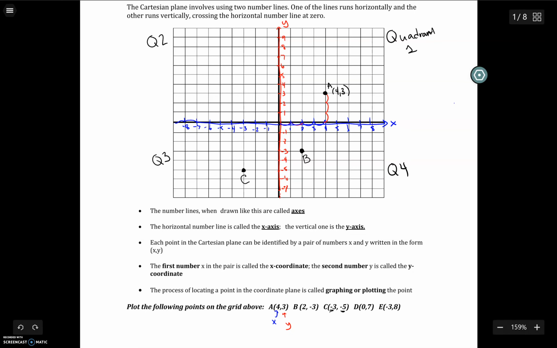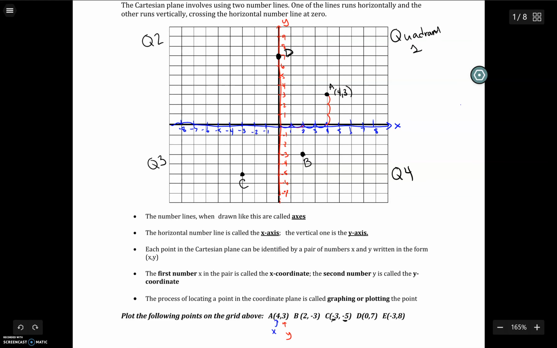So our 0 is located between positive 1 and negative 1. It is on the y-axis for an x value of 0, and then a y value of 7 would place it as shown. And then our last point, E equals (-3, 8). An x value of negative 3 and a y value of positive 8 would be right there.